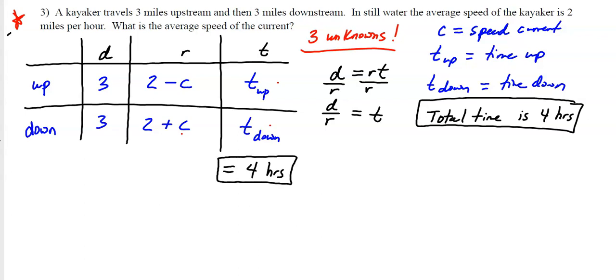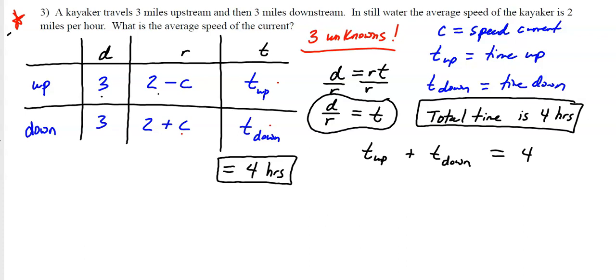All right. So what I can do is I can set up an equation because it should be true that the time going up plus the time going down has got to equal 4 hours. And I can kind of use this little piece right here to give myself a couple rational expressions. So the time going up is distance divided by rate.